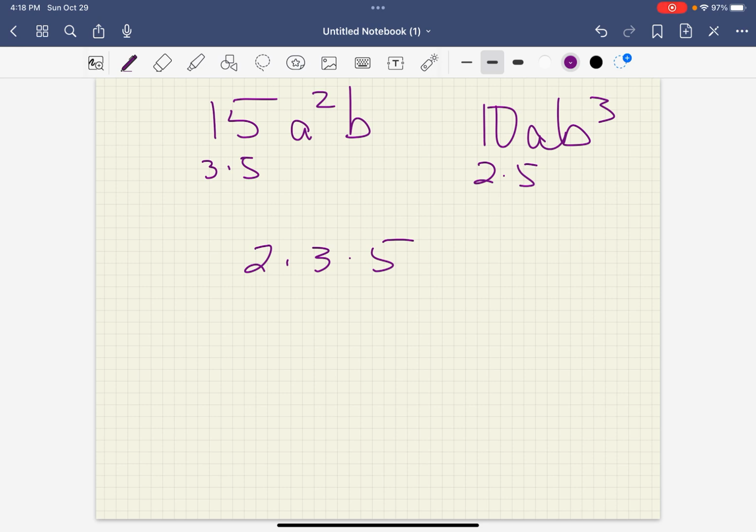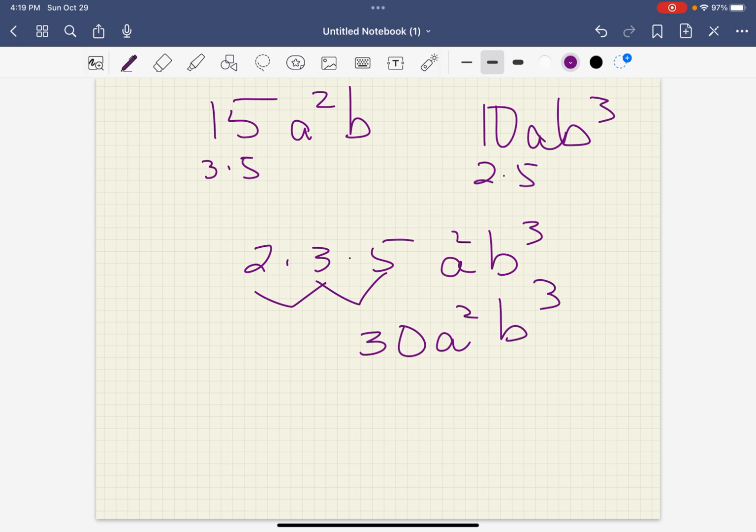We have to have an a and we have to have a b. So we take the largest exponent on the a, which is a 2, and the largest exponent on the b, which is a 3. We multiply 2 times 3 is 6, times 5 is 30, so it's 30 a squared b cubed.